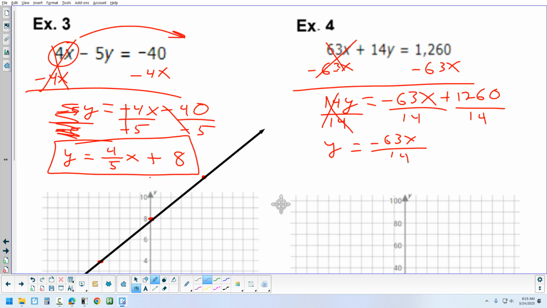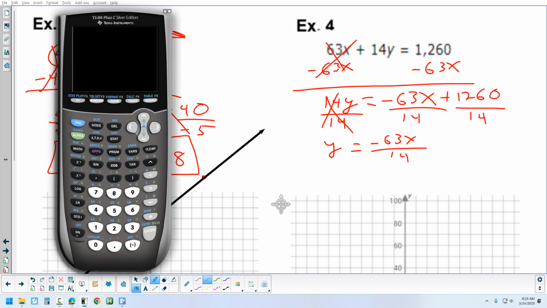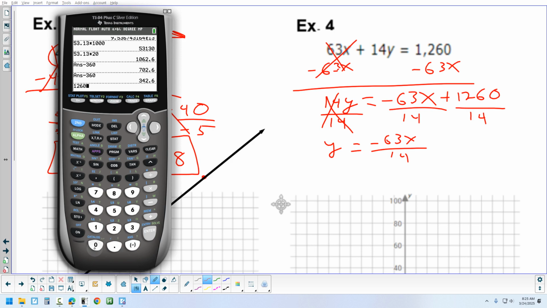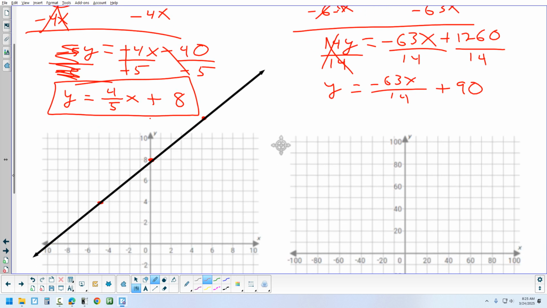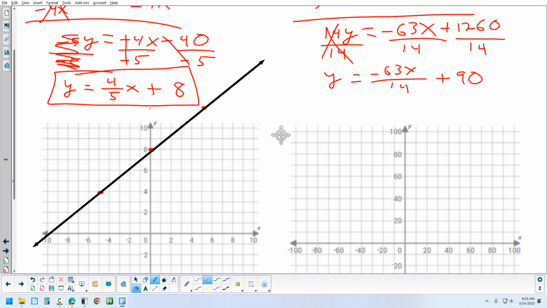Let's see if 14 goes into 1,260. All right, we'll get 90, so that one's not as bad. Okay, so what's my y-intercept on that problem? 90. So I got that.